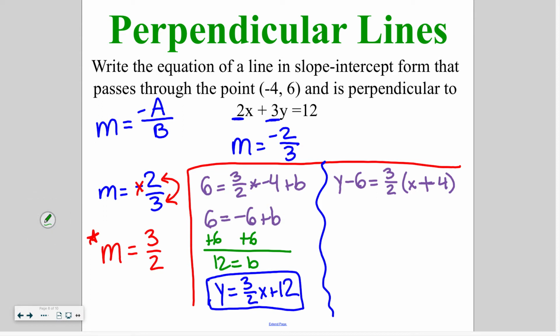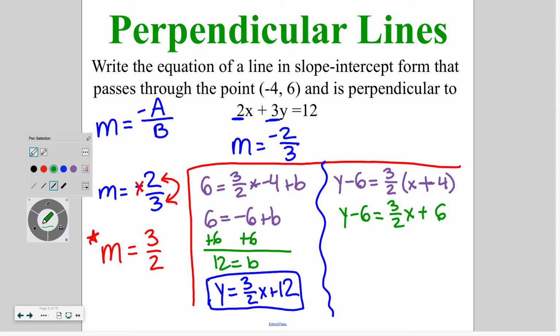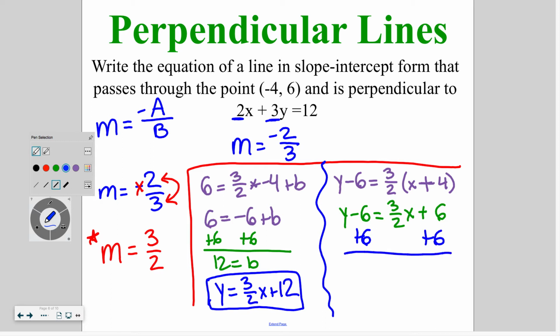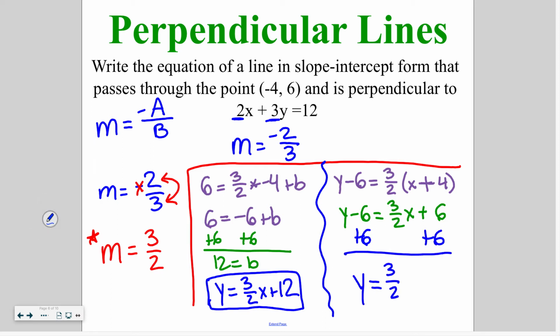And I end up with y minus 6 is equal to 3/2 x plus 6. So we have 3 times 4, which is 12, divided by 2 gives me 6. To finish solving this problem, I'm going to end up adding 6 to both sides. Again, giving me the final answer of y is equal to 3/2 x plus 12.